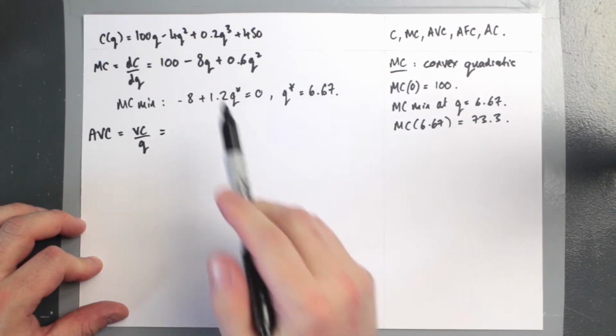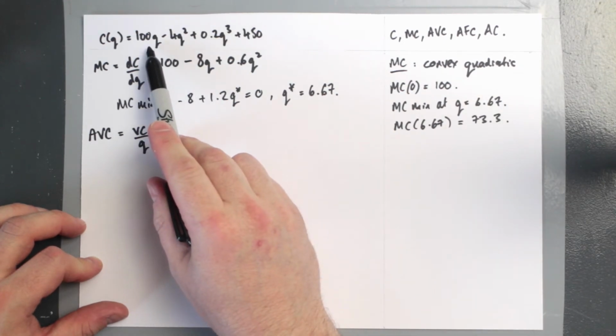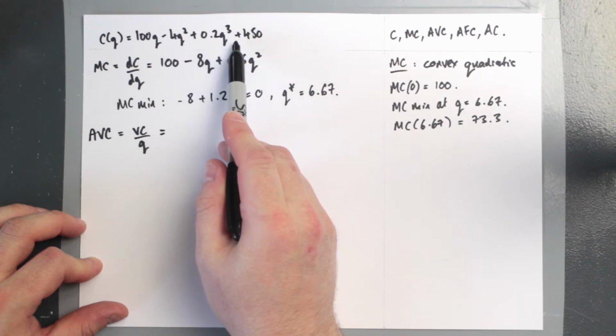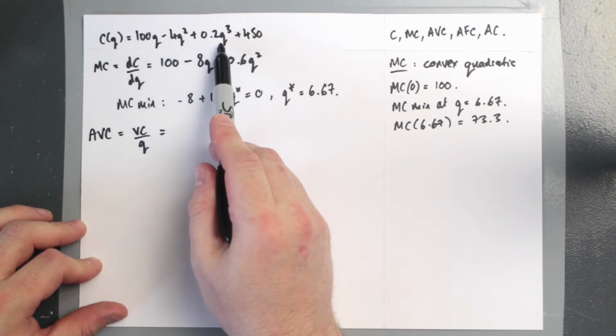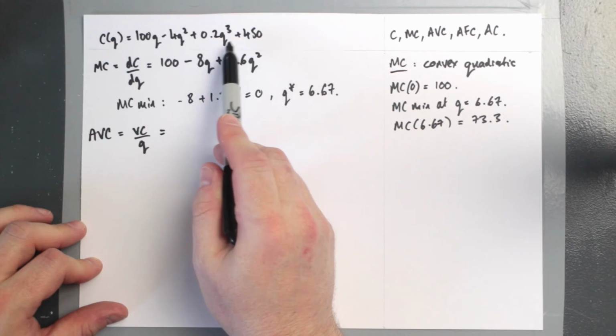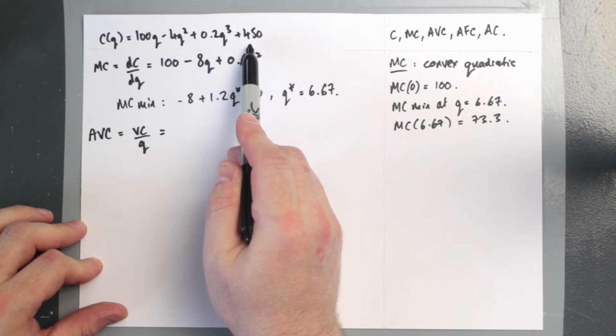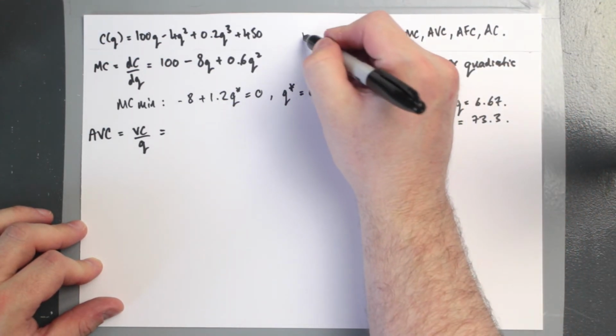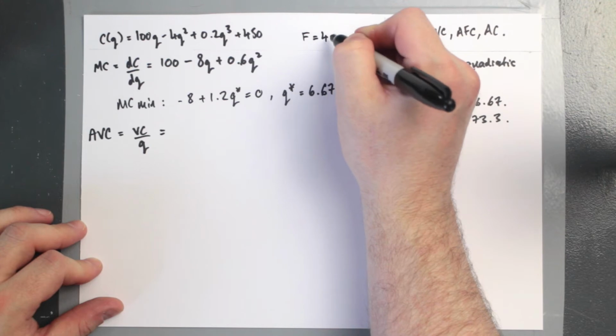So what's the variable cost? If I look at the expression 100q minus 4q squared plus 0.2q cubed, clearly each of these three terms depends on q, output, but this fourth term, the 450, doesn't depend on output. So I'll say that the 450 is my fixed cost.